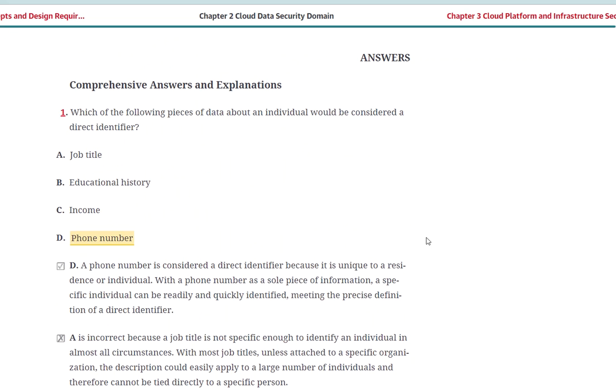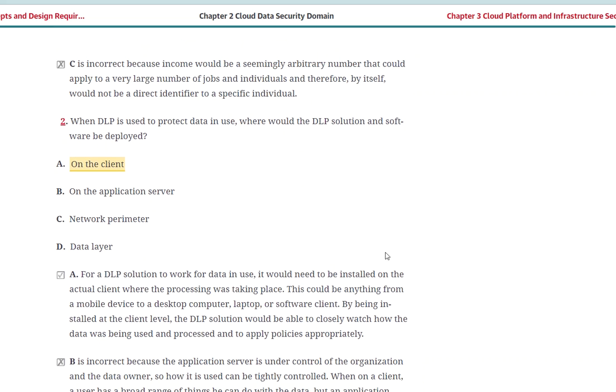Question number 1. Which of the following pieces of data about an individual would be considered a direct identifier? And the correct answer is the phone number. Question number 2. When DLP is used to protect data in use, where would the DLP solution in software be deployed?